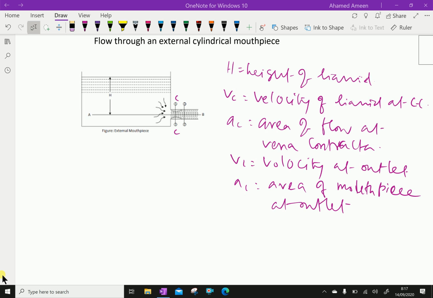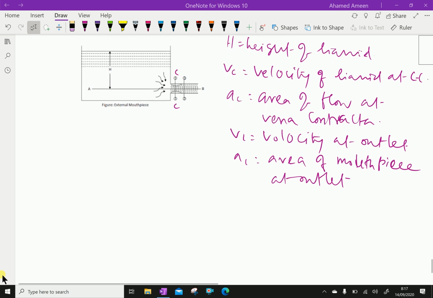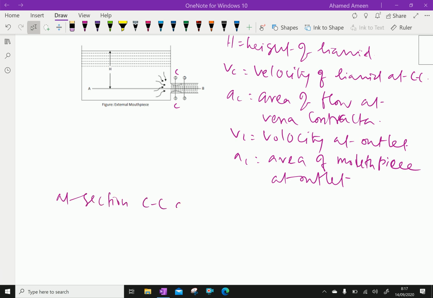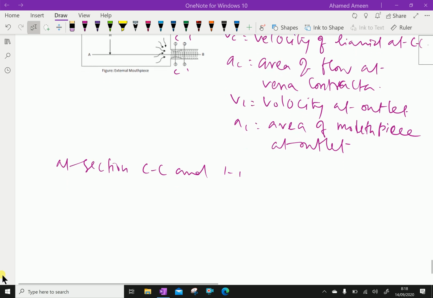Now at section Cc and section 1-1, the flow equation is Ac Vc equal A1 V1.